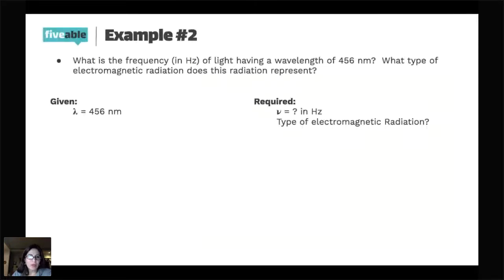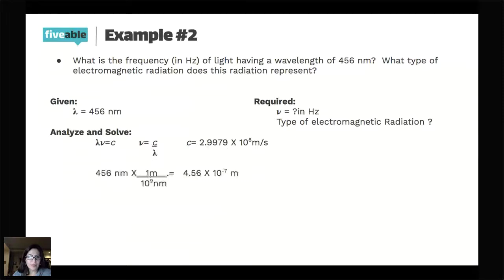Now we're going to solve for frequency. So now it's going to be frequency equals the speed of light divided by wavelength. We substitute the data in nanometers, and since the units of the speed of light are meters per second, the first step is to change nanometers to meters using the factor of 1 meter is 1 times 10 to the 9 nanometers.